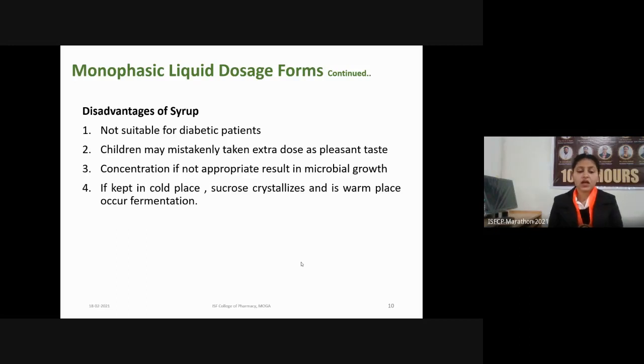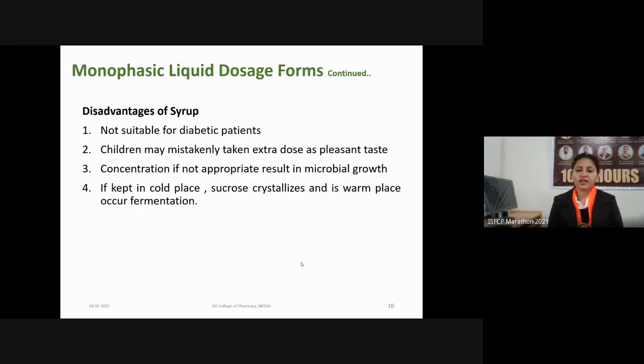Now the next disadvantage is that if it is kept at cold temperature, the sucrose will crystallize. As we know, the syrup is made up of sucrose, meaning sucrose is dissolved in water. At cold temperature, the sucrose will crystallize, and if the temperature is warm, the syrup will show fermentation.